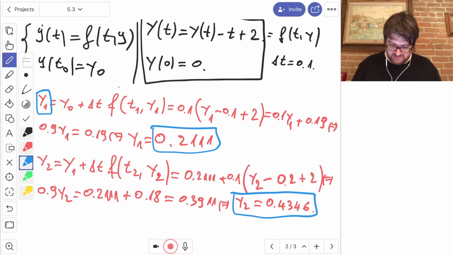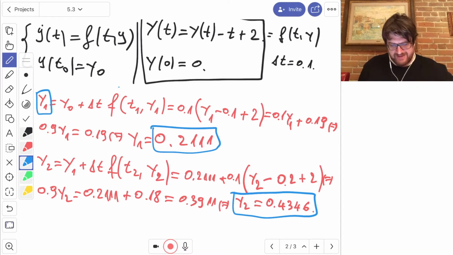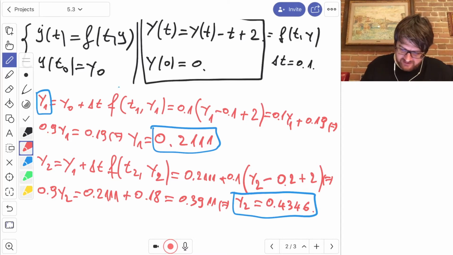Okay, I wish I could do the third one in one row. Well, let's try to do it so we can have a neat result.